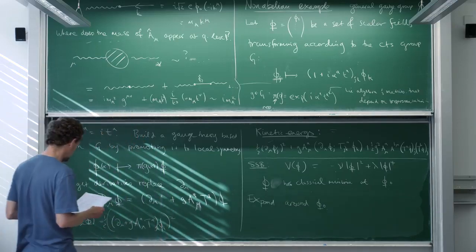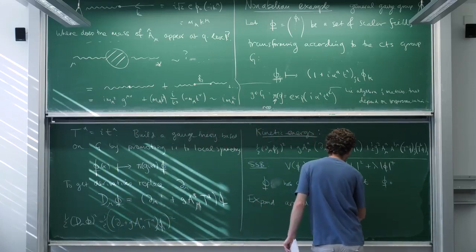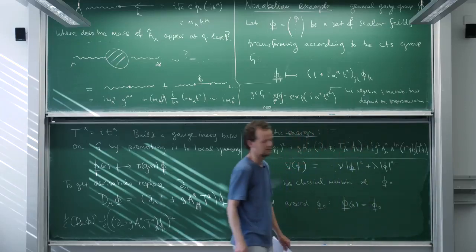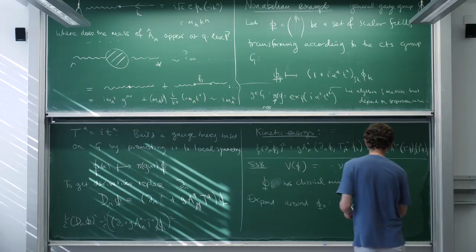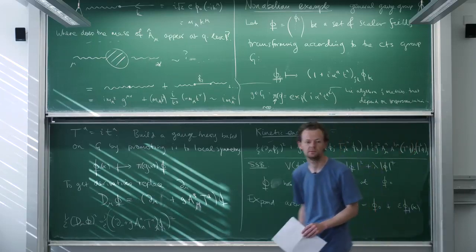So we expand around phi naught means that the field phi is just the classical minimum, which we've worked out already, plus epsilon times some fluctuating field.